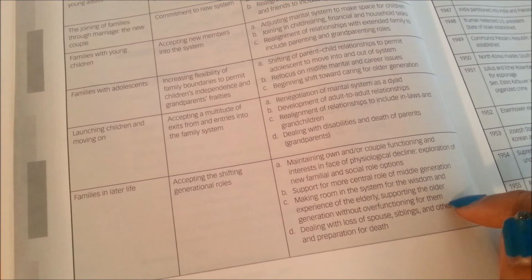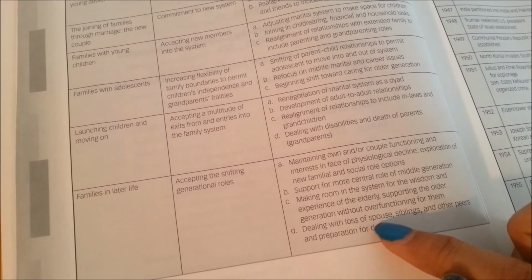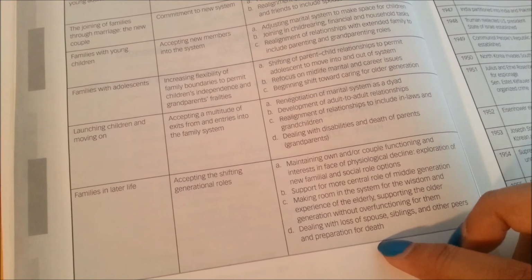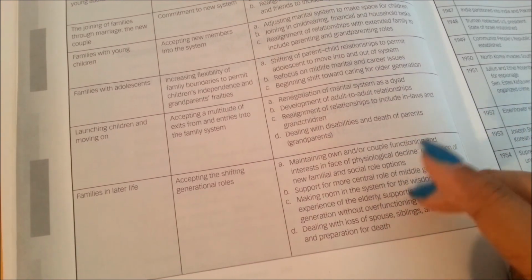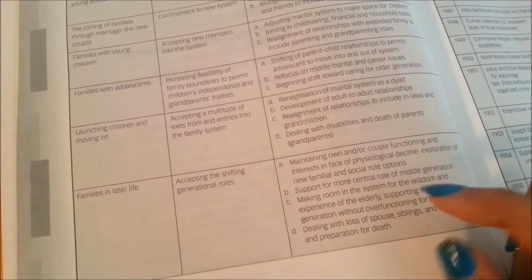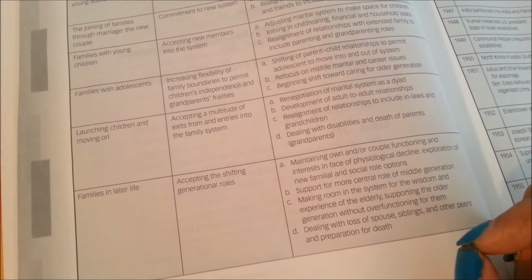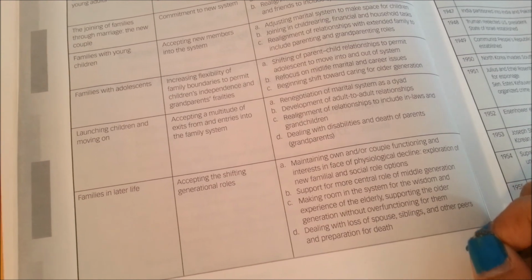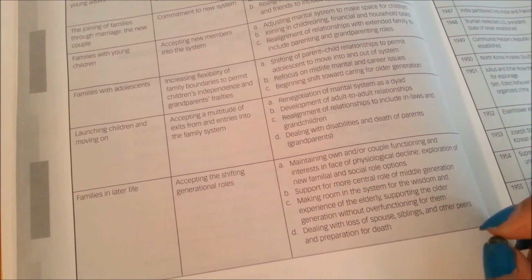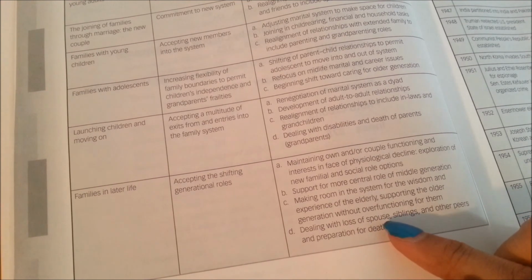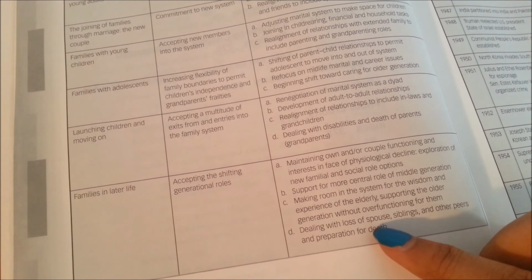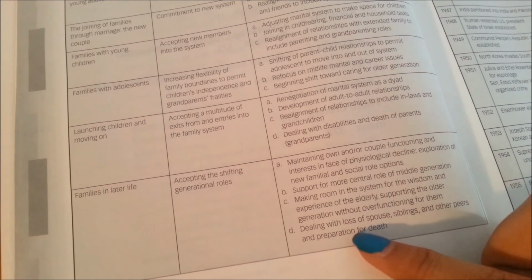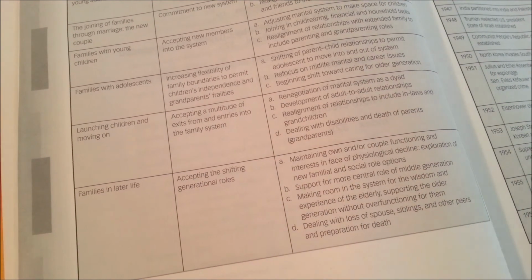Without going too over the top, dealing with loss of spouse, siblings, and other peers in preparation for death. So, between Bob and Bobette, one of them may pass away. Bob's siblings, did I give Bob a sister or something? I don't remember. Any of Bob's siblings maybe passing away, their friends, and they're preparing for dying themselves.